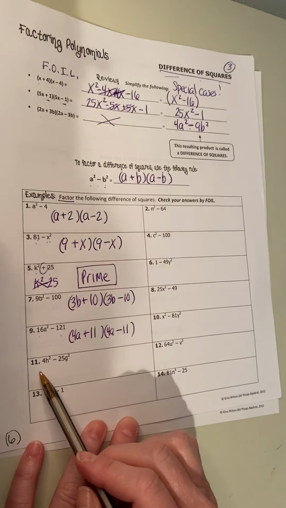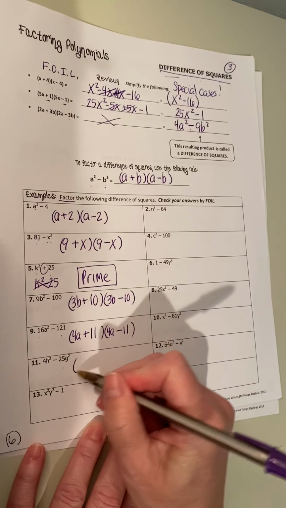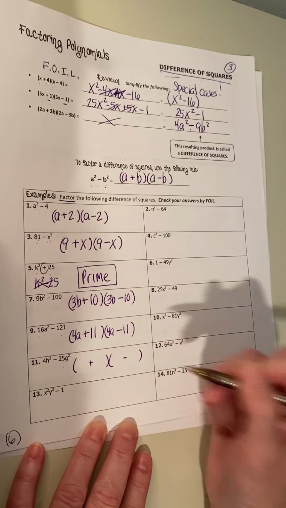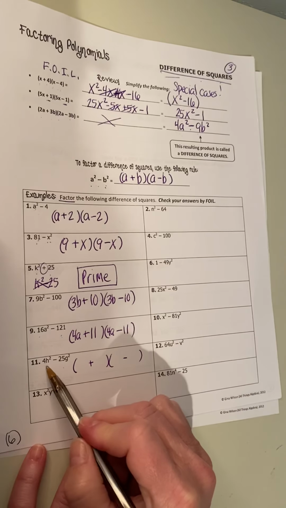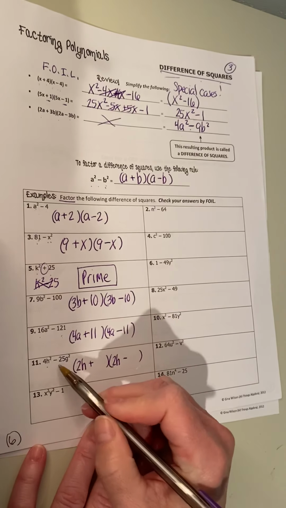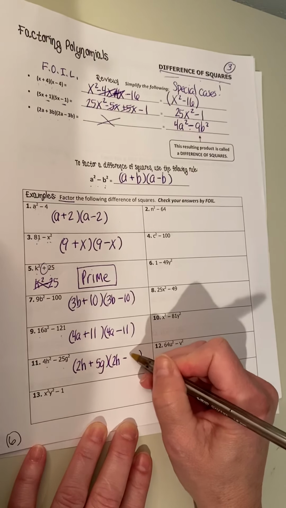Number 11, perfect square minus perfect square. So I'll set it up. I'll put a plus sign and a minus sign. Square root of 4h squared is 2h. Square root of 25g squared is 5g.